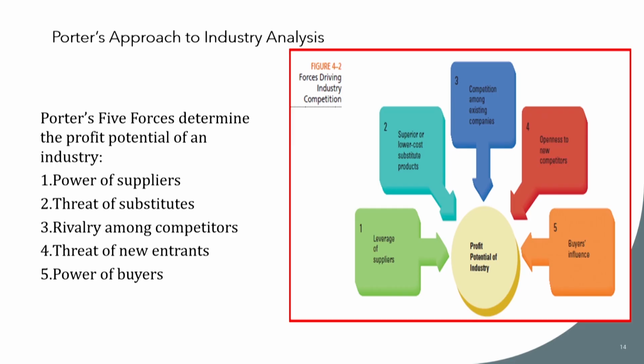You can see here the power of suppliers, threat of substitutes, rivalry among competitors, threat of new entrants, and power of buyers. That means a firm's and industry's profit and competition depend not only on the bargaining power of suppliers and buyers, but also on the threat of new entrants, substitutes and existing rivalry.